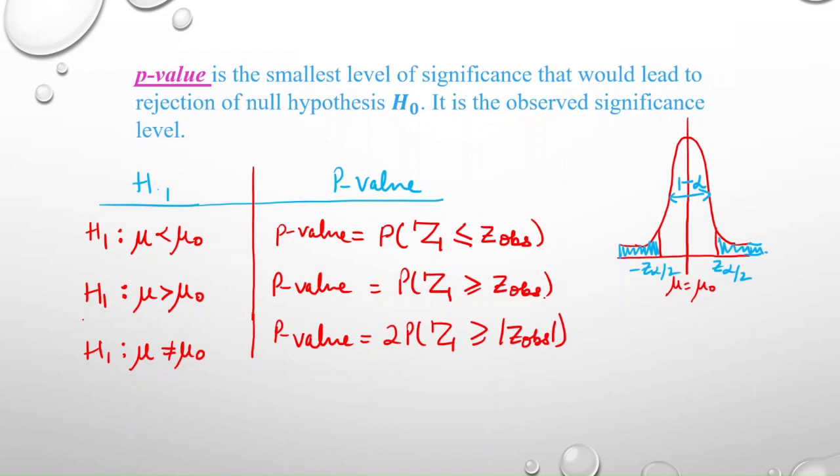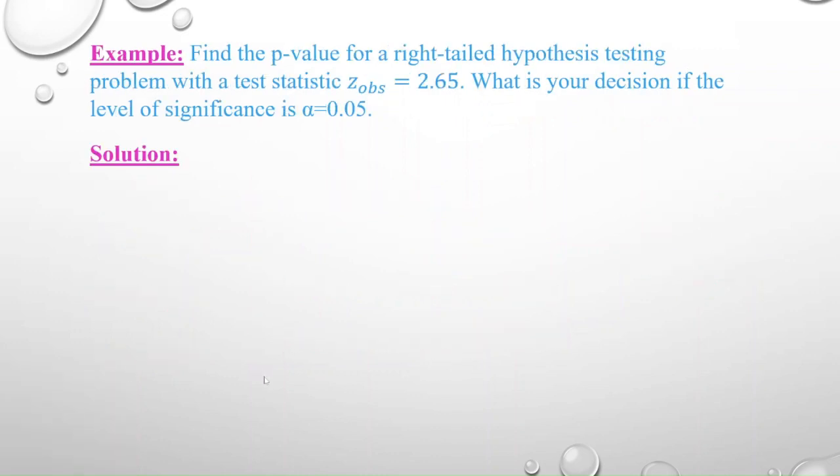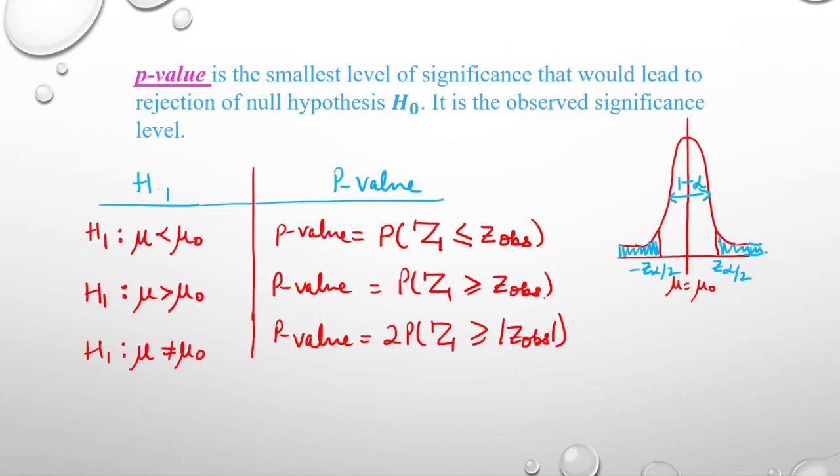As we can see here, I have already drawn a diagram. If it is two-tailed, you can easily see that the p-value would be twice the probability of z greater than or equal to z observed. This means we are talking about these two regions, this region and this region.